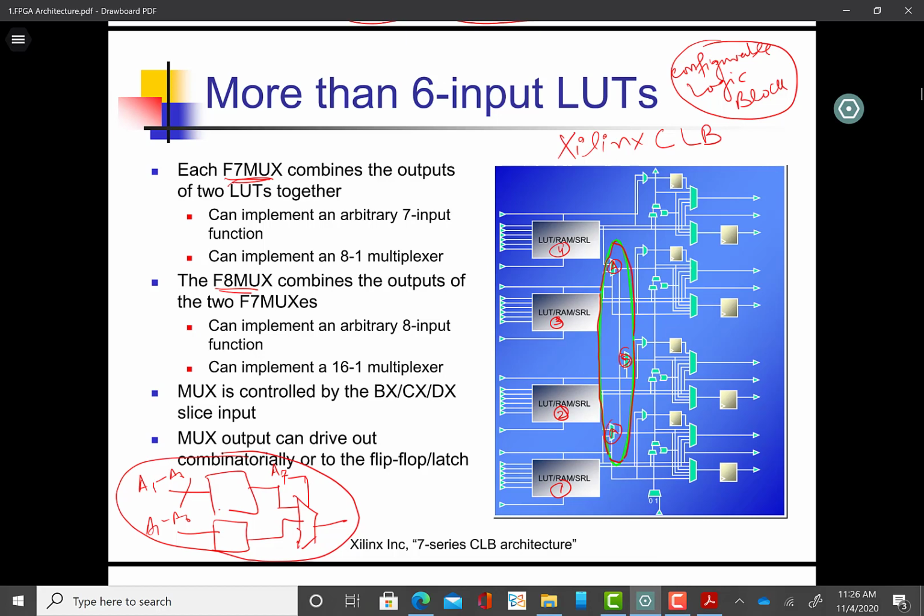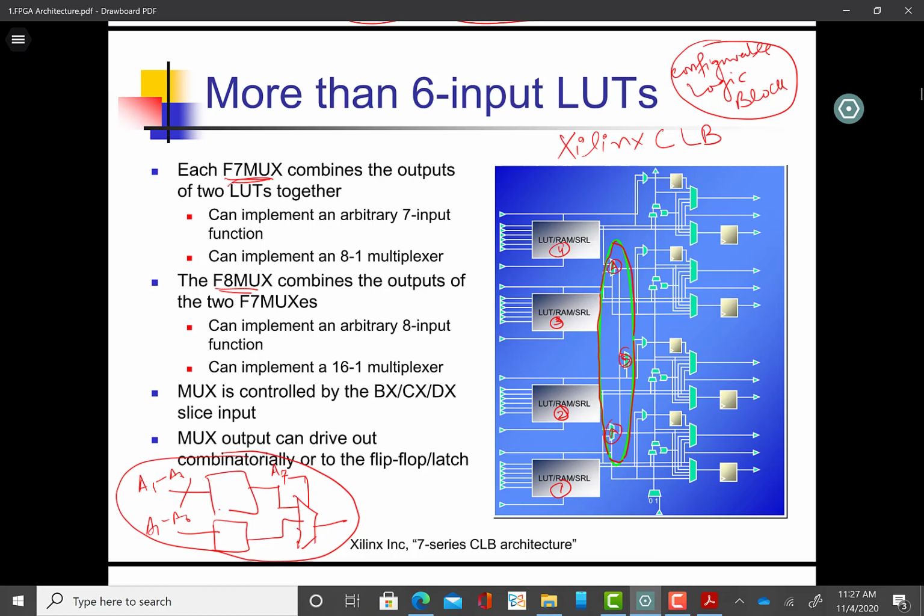For example, circuits from DSP and control, they looked into these different kinds of circuits, and they checked how many of these circuits, for example FFT or FIR or some codec algorithm, required 8 input LUTs, how many required 7 input LUTs, how many required 6 input LUTs, and they came to the conclusion that a 6 input LUT is enough for most of the applications.